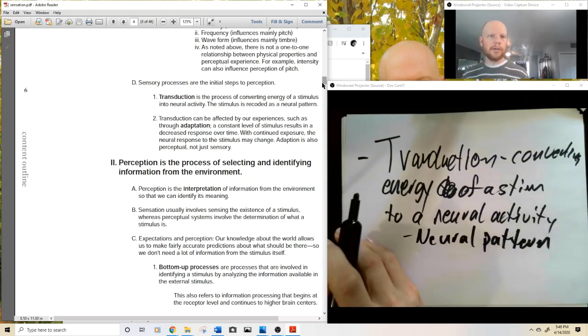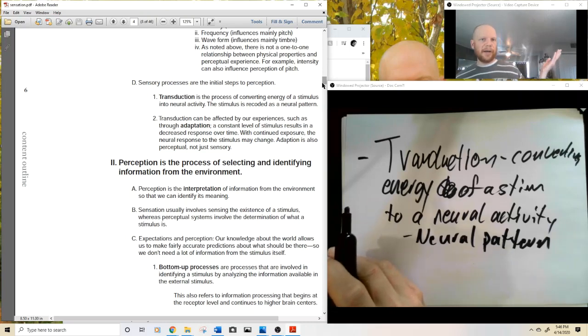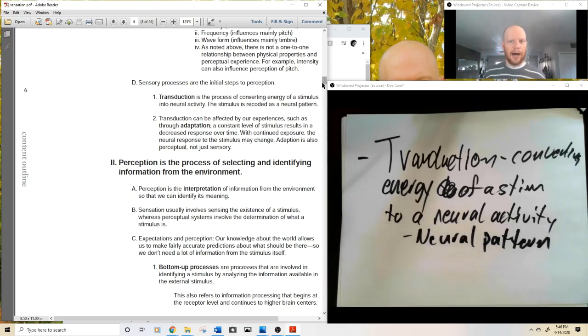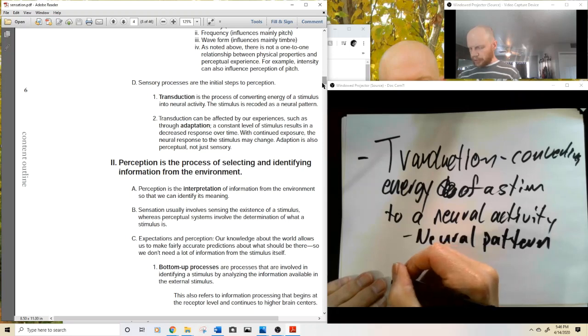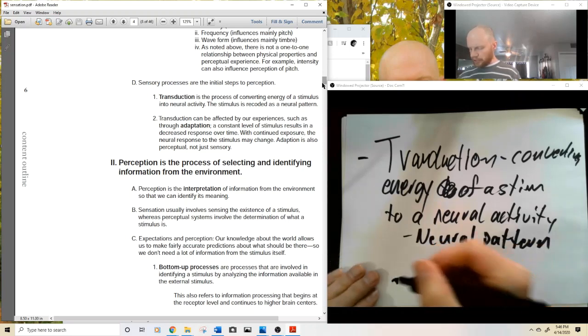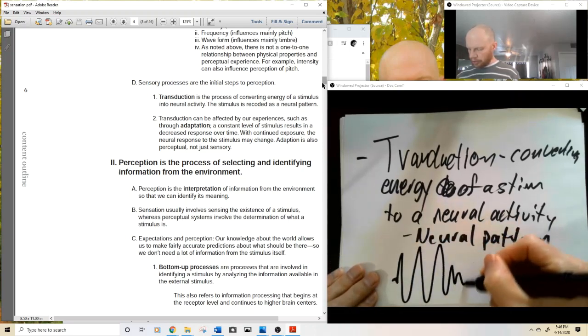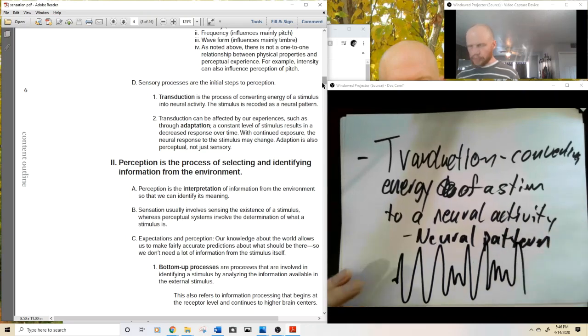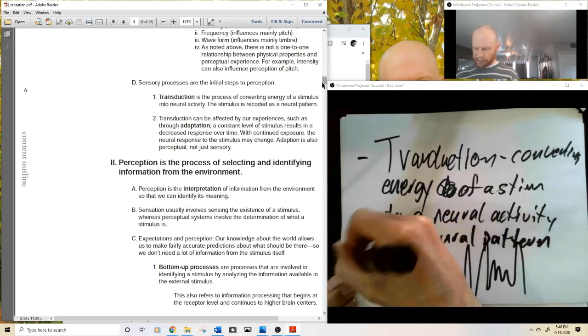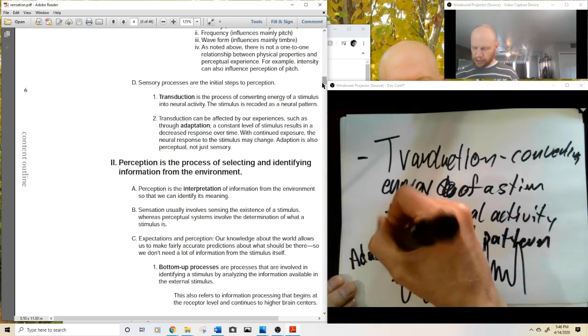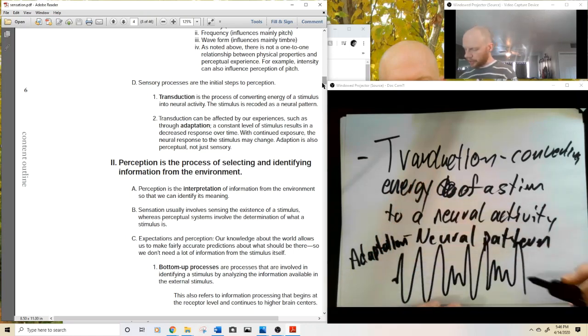Those are neural patterns. And transduction can be affected by our experiences, such as through adaptation to a constant level of stimulus. Okay, so this is kind of a cool thing. Let's pretend that I'm drawing a neural pattern. This is called adaptation. When a new stimulus comes in, it's really intense.